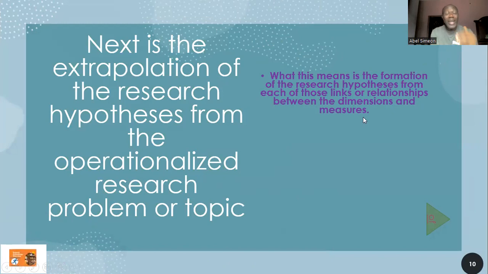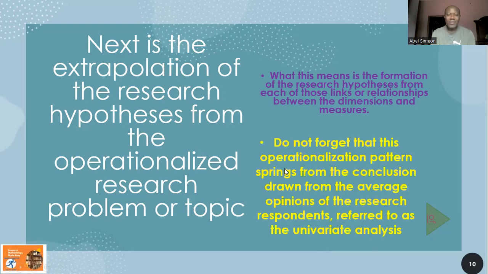As I told you, even the relationship between the moderating variable and the moderating effect in the relationship between the dependent and independent variable, you just need to also factor that in your hypothesis. And then the suppressor effect of the suppressor variable in the relationship between the independent and dependent variable should be factored in your hypothesis. So you extrapolate the hypothesis.